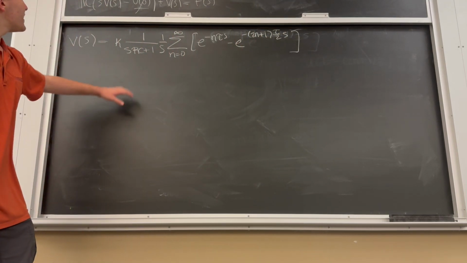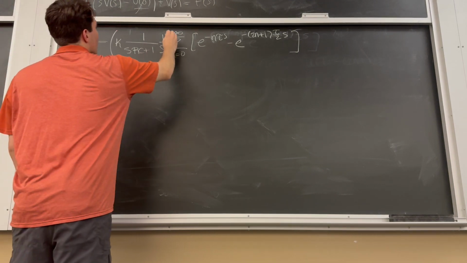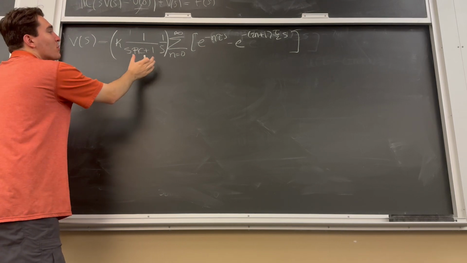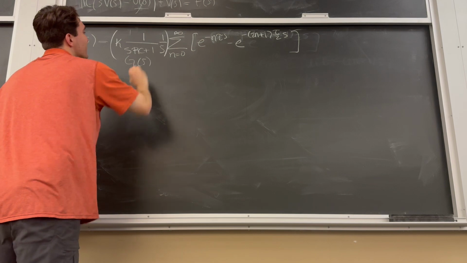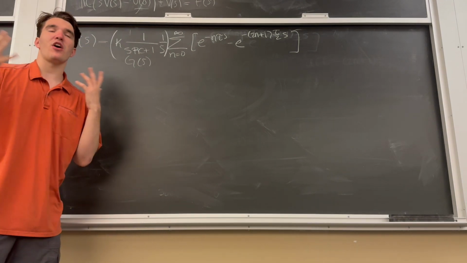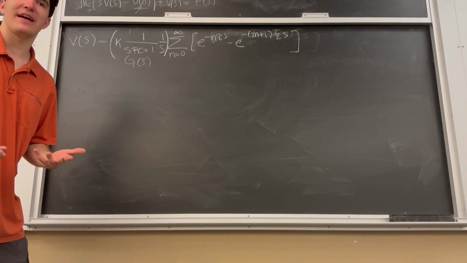Okay, so now we're almost done. Let's just take note of what we have here. Let's call this function of s, which is then being multiplied by this infinite sum, g of s. I'm now just going to do this as a thought experiment to help us think about how we can better find the solution.